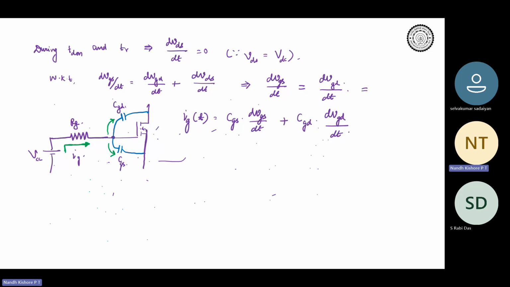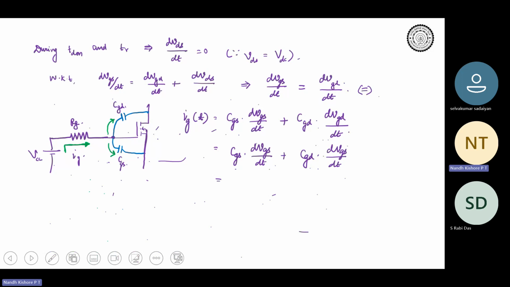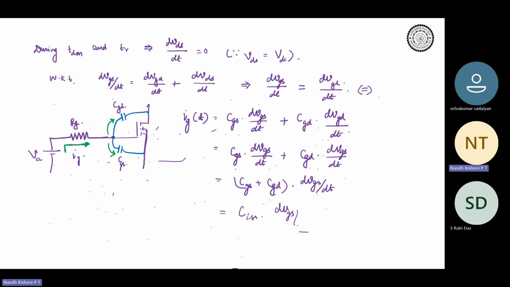We just saw that dVGS by dt and dVGD by dt are the same, so we will substitute that over here. CGS dVGS over dt plus CGD dVGD by dt can be written as CGS plus CGD into dVGS over dt, or this is your input capacitance, CISS, into dVGS over dt.